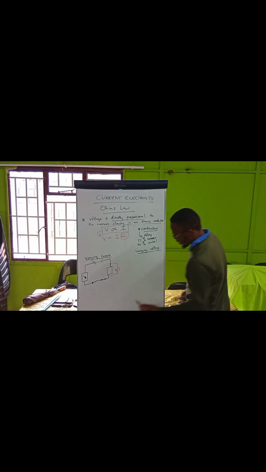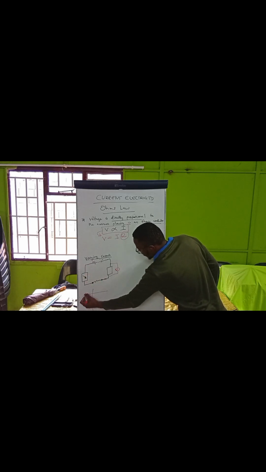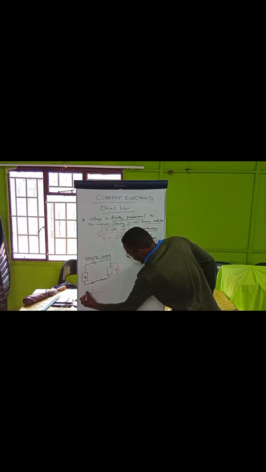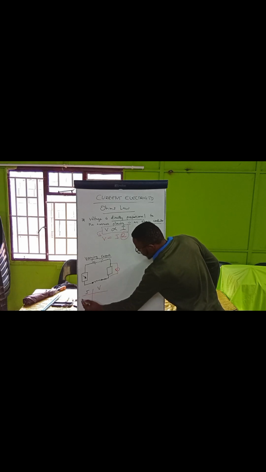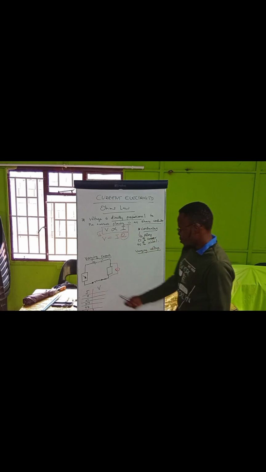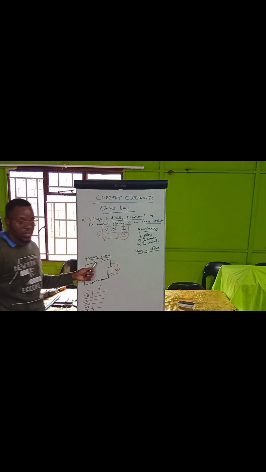And then he tabulated his results. Varying current means you are having the independent variable as your current. So let's have 0 and let's say 0.1, 0.15, 0.2, 0.3. And then he measured. So how did he measure? Remember, you have a fixed number of cells.